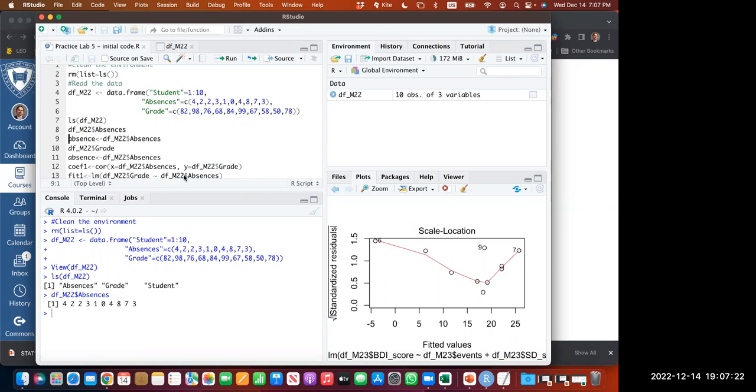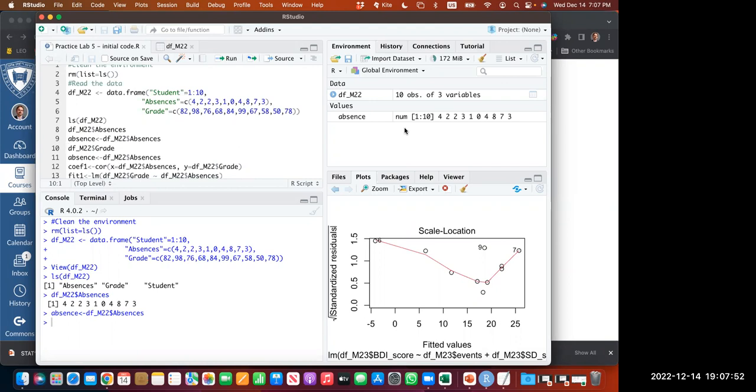If you want to pack your variable absences into a separate object, you can do that. And this is line 9. Line 9 develops absences as a separate object containing exactly these 10 entries that derive from DFM22 $ absences.